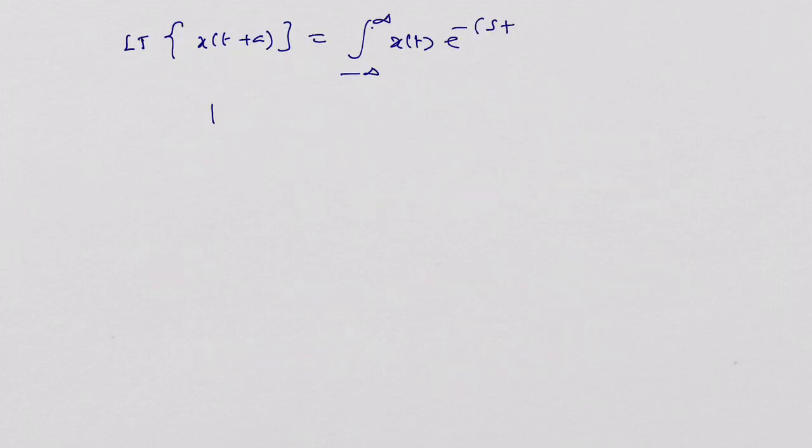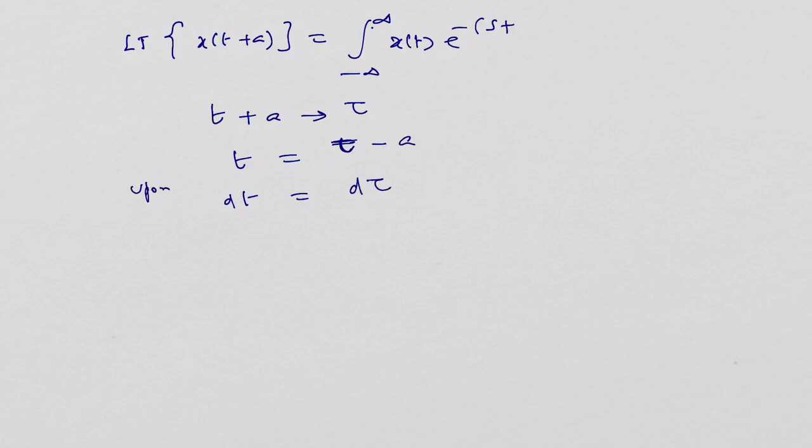If we start replacing t plus a by tau, then you would say t is equal to tau minus a. Everybody knows about it. When you differentiate on both sides, you get dt is equal to d tau, because a is a constant.